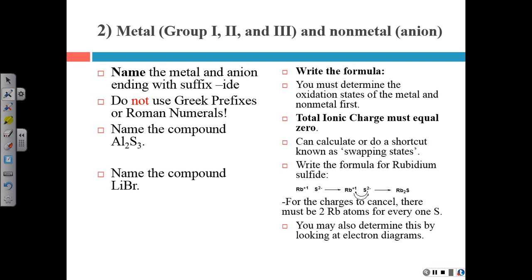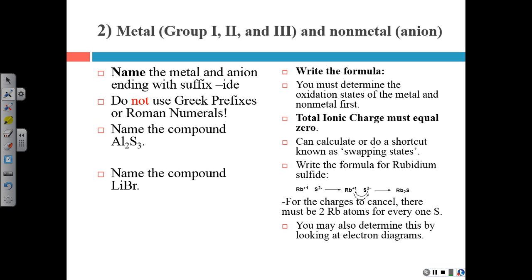When you're reviewing, you'll know in this classification you do not use Roman numerals or Greek prefixes. It's actually the simplest naming of all, but it's the most missed because students want to do too much. They want to add a prefix or add a Roman numeral because that's what we're going to learn today. We're going to learn all the different things that can be done.